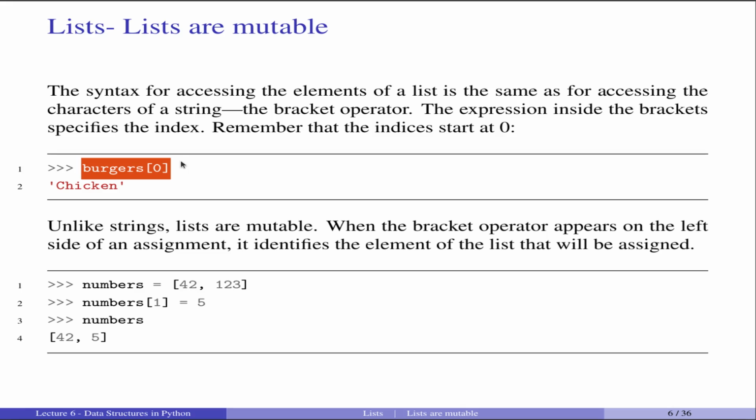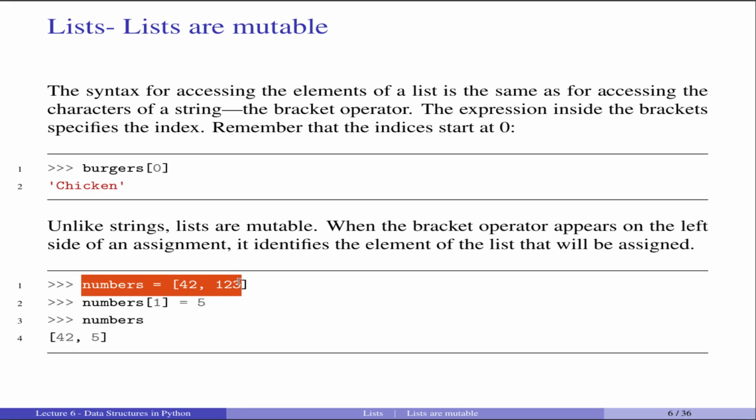Alright, now let's see the mutability part. Mutability means if I can change any value or item, then we call that mutable. So suppose we have declared a very simple list, numbers is equal to 42 and 123. So numbers at index 0 has 42 and numbers at index 1 has 123. Suppose we have modified numbers[1] to 5. So now if I print the numbers list, we will see the output is 42, 5, right?